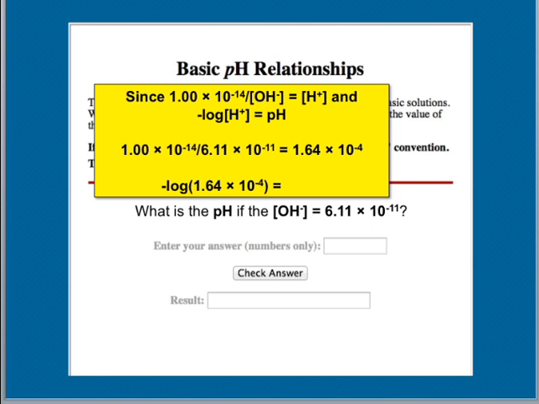So for our first step here, 10 to the minus 14 divided by our hydroxide gives us 1.6 times 10 to the minus 4.